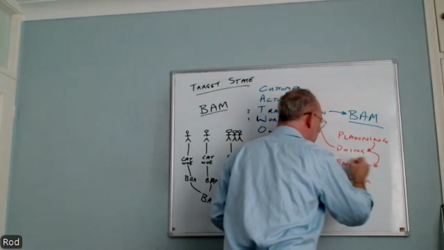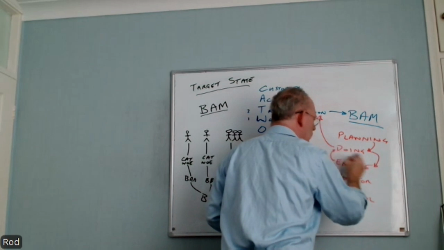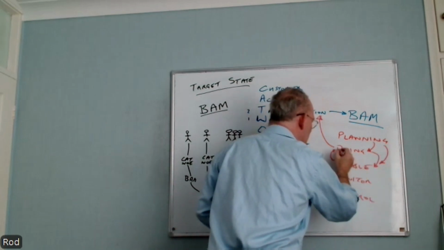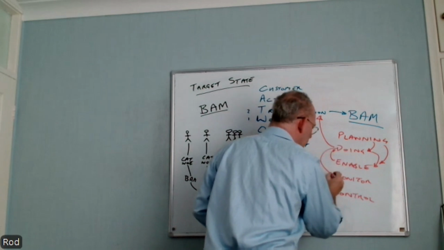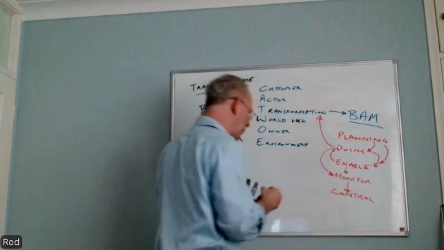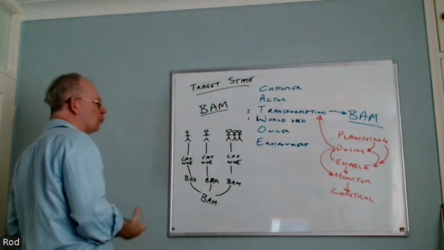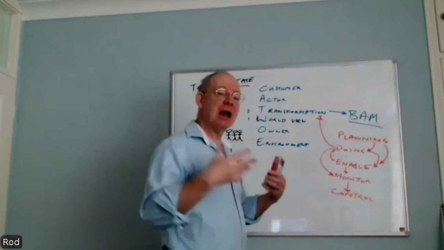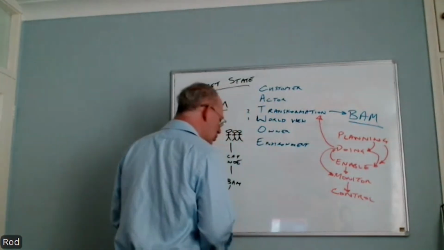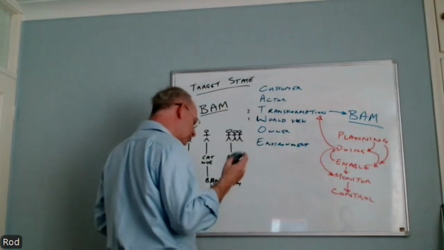Doings lead into enabling and back into doing. Plans may even lead into enabling. These both can lead into monitoring, and monitoring only ever leads into controlling. So there's a logical flow behind it, and this is a high level view of how we are going to solve this problem going forward.